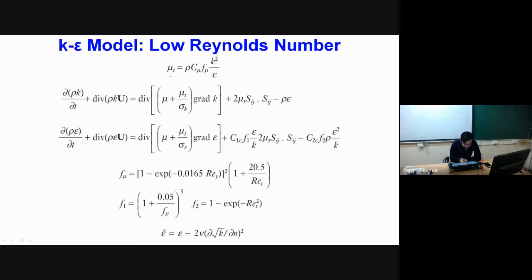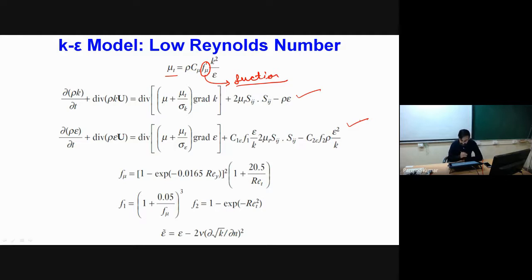So for that, if you see earlier in turbulent viscosity, we were having only rho times C mu into K square by epsilon. Now along with K square upon epsilon, we are having some function f of mu also over here. Okay, so we are having some function f of mu. And transport equations for kinetic energy and epsilon are almost same.